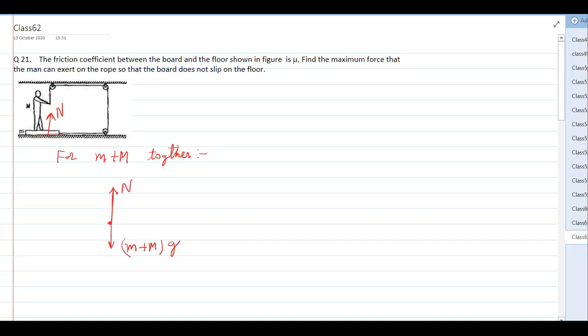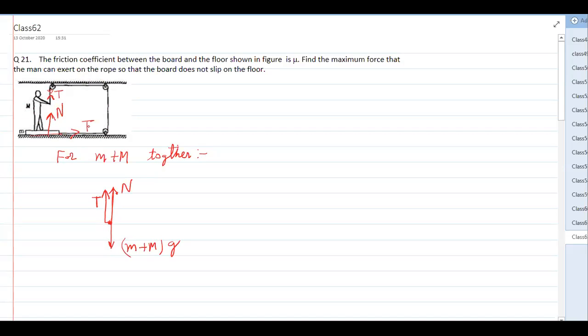Then since the man is pulling the rope, the man will exert a force in the downward direction on the rope, and the rope will exert a force on the man in the upward direction. So on the man plank system, there will be an upward force of tension. Okay, and this tension will be coming through this string from here also.